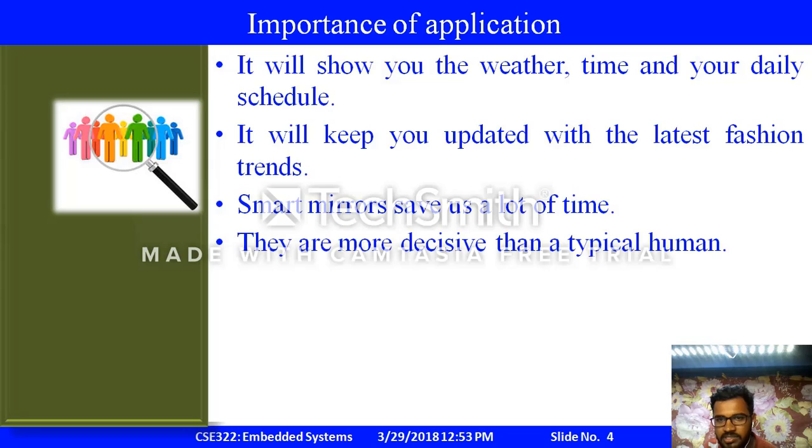Then they are more decisive than the typical human. It means they respond based on the same database, but they are very precise in their decisions compared to human beings. This is about the importance of the application.